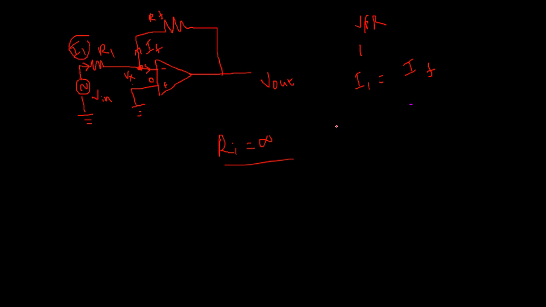I1 is nothing but V in minus Vx divided by R1. Now find out IF. IF is nothing but Vx, this node, minus V out divided by RF.